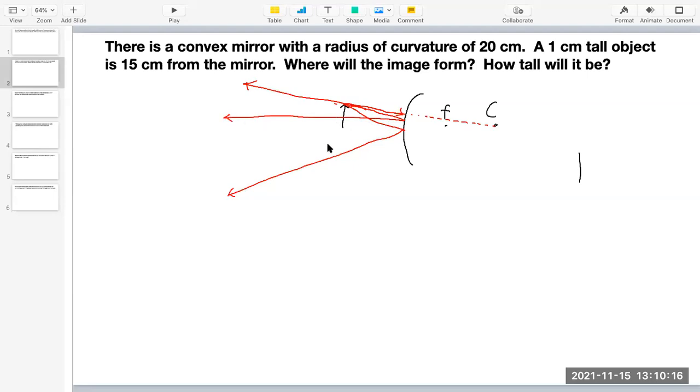So these aren't meeting anywhere, but if we trace them backwards, we can get a pretty good idea where they're meeting. So doing it mathematically instead of using our pretty rays.